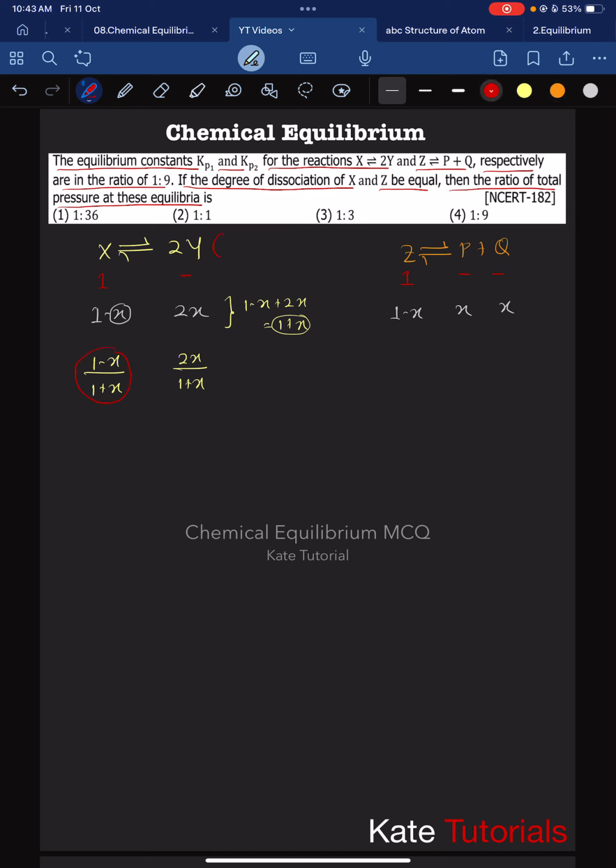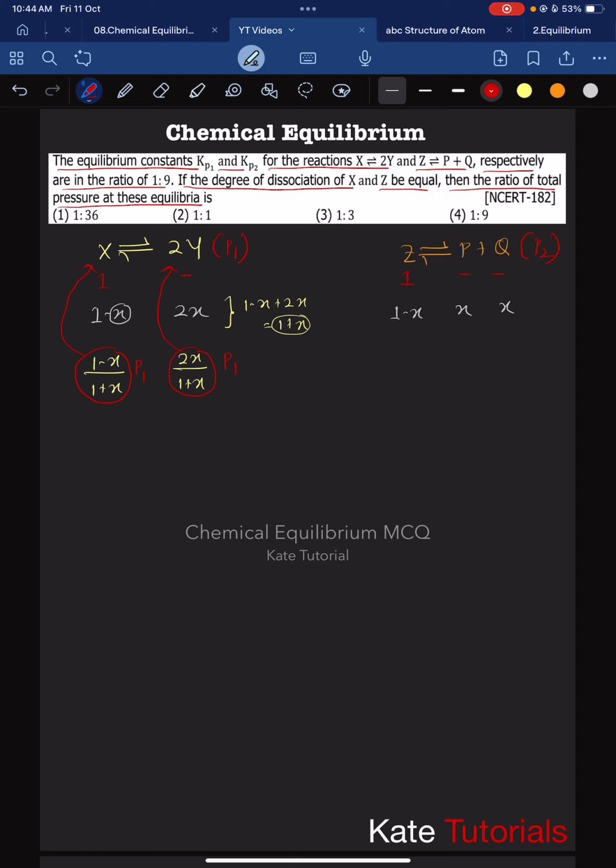For this reaction let me consider P1 as the equilibrium pressure, and for the other reaction P2 as the equilibrium pressure. So P1 into the mole fraction will get me the partial pressure of X. Similarly here also, mole fraction into equilibrium pressure P1, I'll get the partial pressure of Y. So this is what I have done.